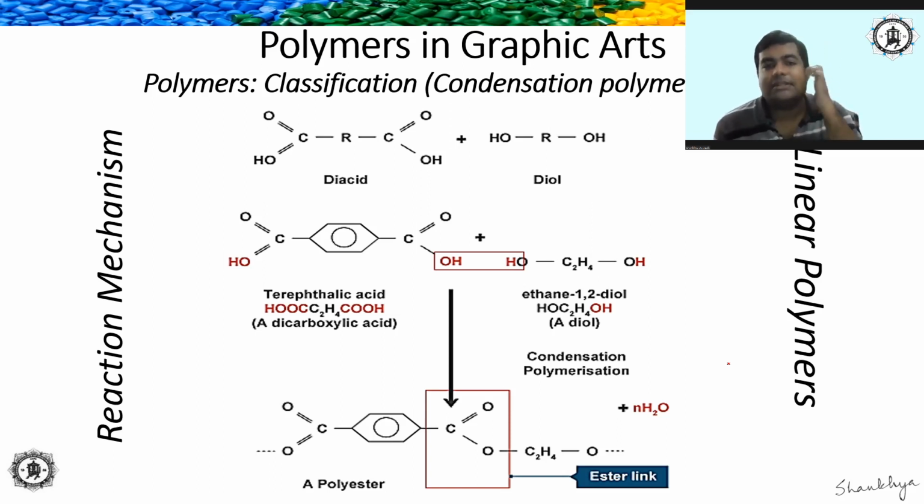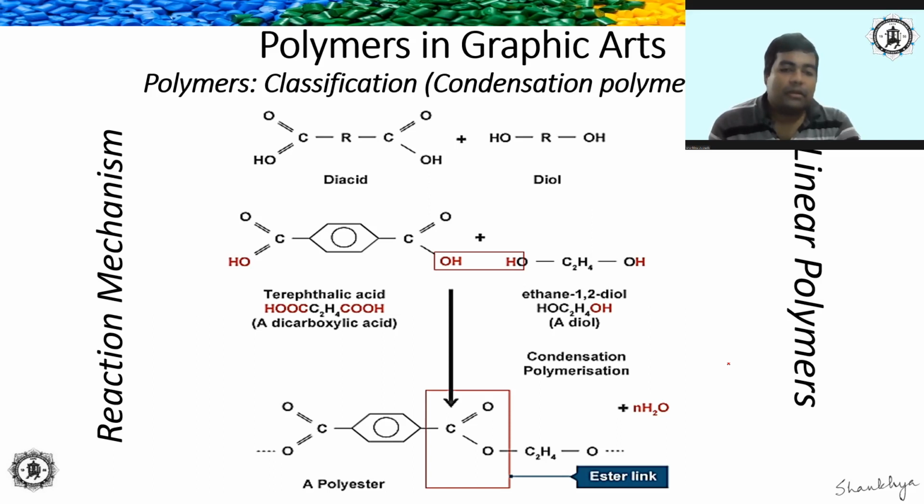Normally this is a kind of ester formation or amide formation. Ester formation is very popular, and we call it transesterification when we prepare some resins that are to be used in various types of ink.